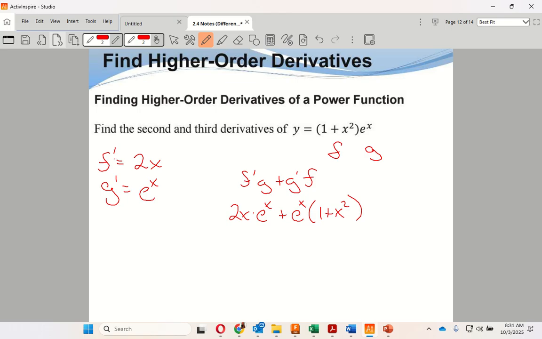Nope, that's quotient. Quotient means division. All right, and so right here, I could identify this and say that would be my y prime. That is a correct answer on a free response.